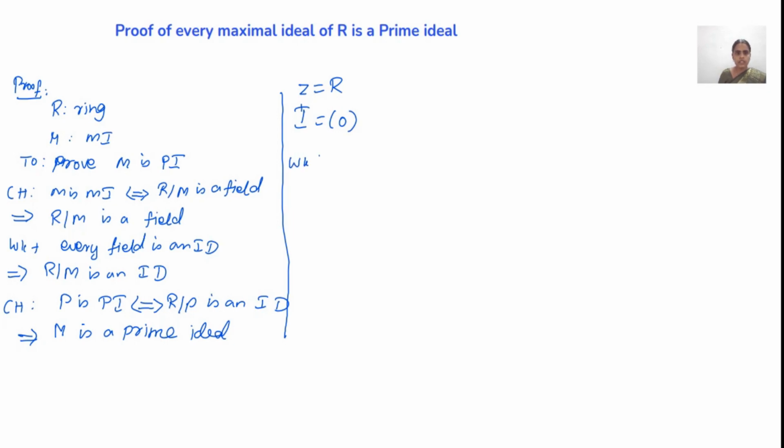Now we know that the quotient ring Z by the zero ideal is isomorphic to Z, and we know that Z is an integral domain. So this gives us Z by I is also an integral domain.